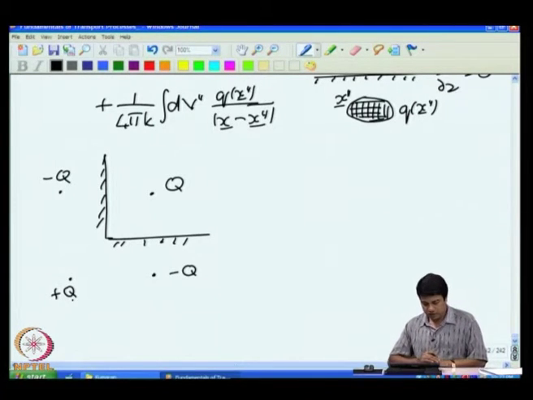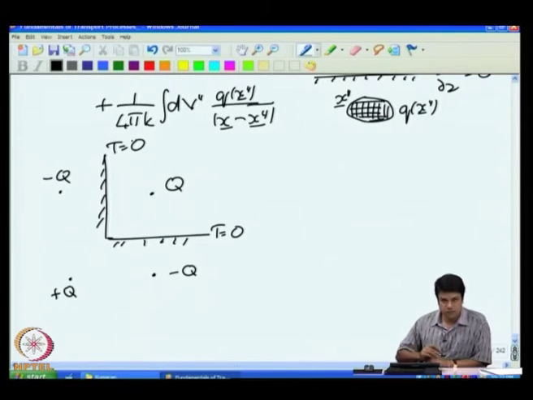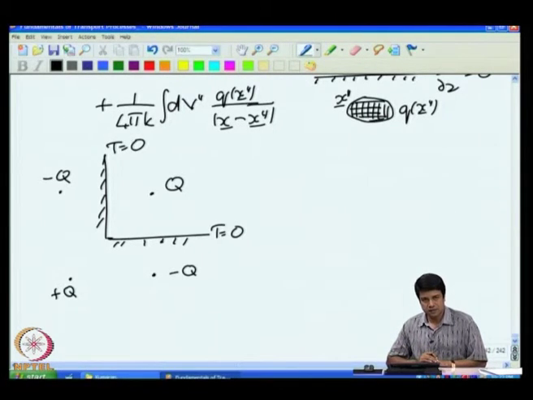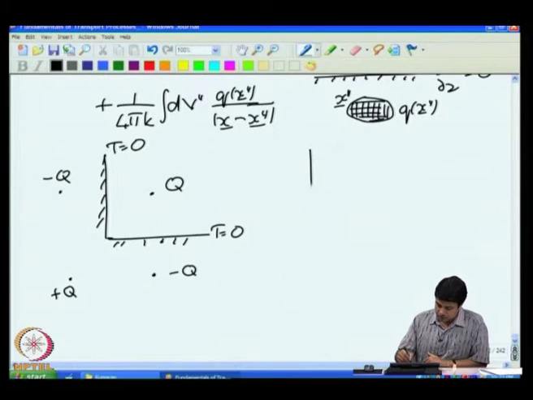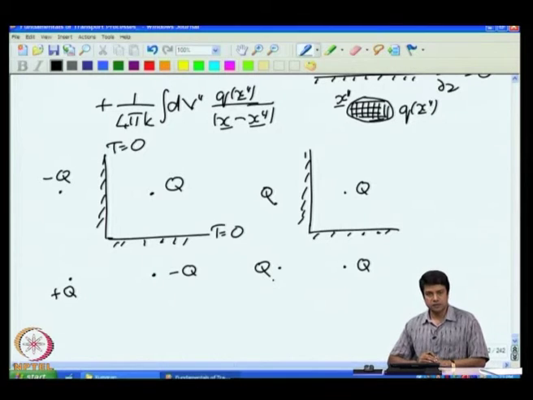This will ensure that T is equal to 0 on this surface and T is equal to 0 on this surface. If I had 0 flux boundary conditions, then I could ensure that by putting plus q here and plus q here, in order to get 0 flux boundary conditions and combinations of these.